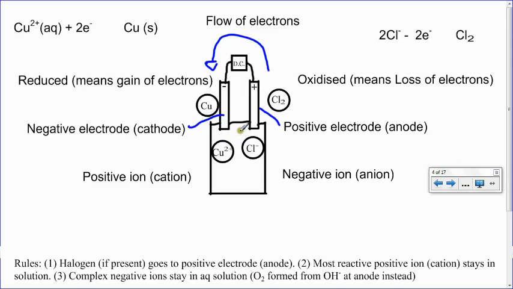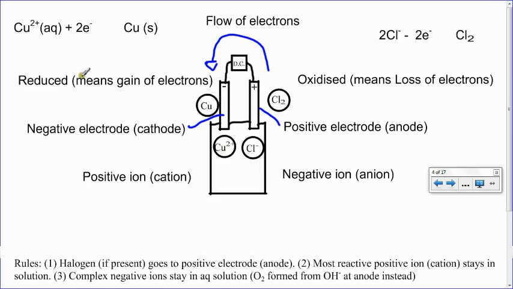so it will not work on solids. So if we were to look at what happens if you've got a negative electrode, of course the positive ion will be attracted because opposite charges attract, and we can say then that the copper will be reduced and will form solid copper.